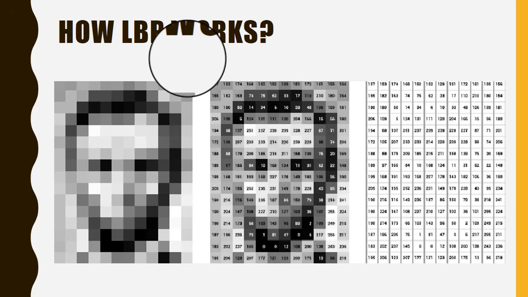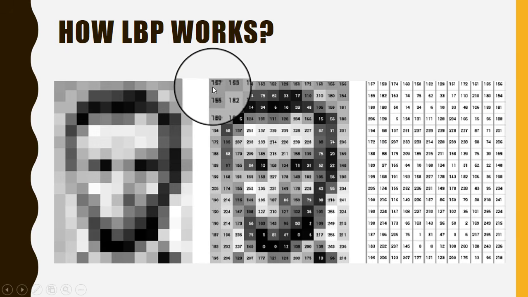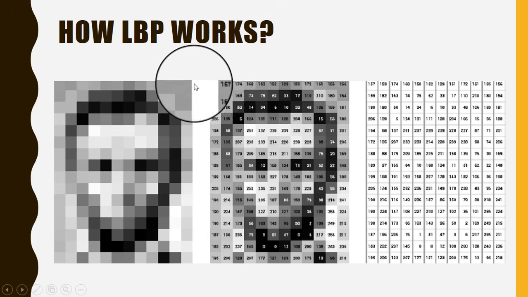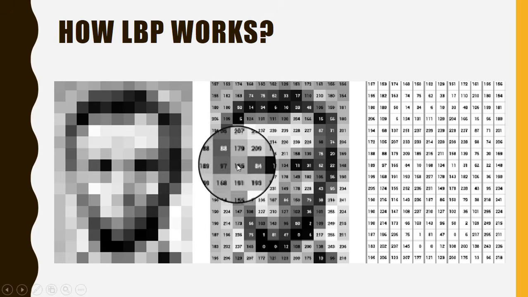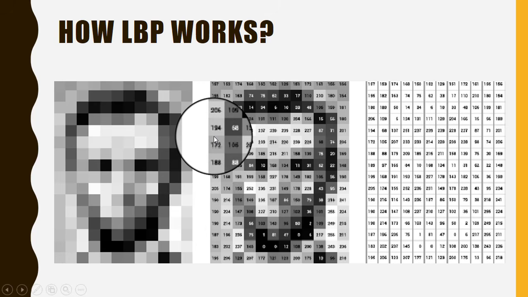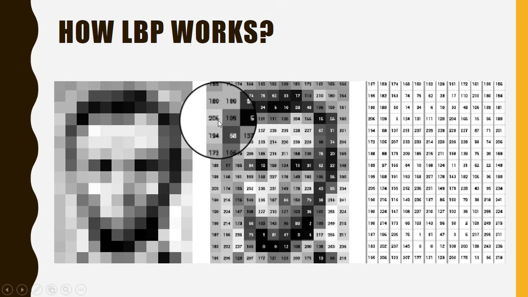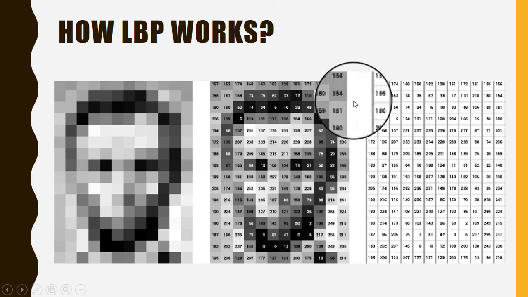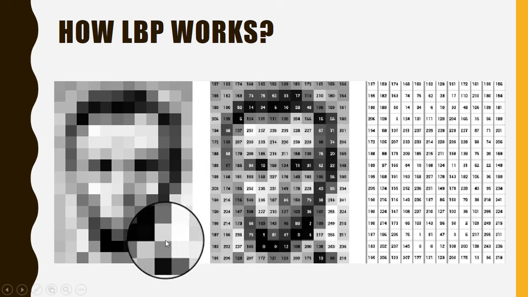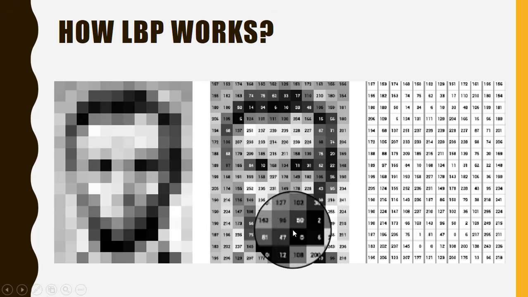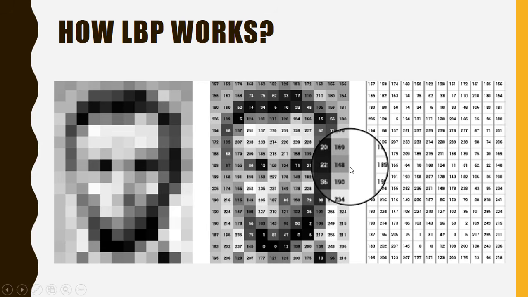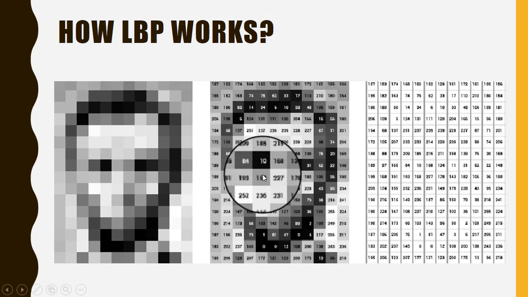As you can see in this image, we have pixels with different values. In this video, we will learn how the LBP algorithm computes these values, and then you can see the different patterns created here.